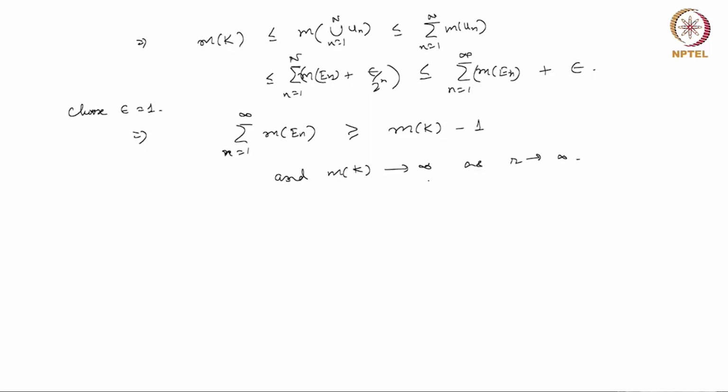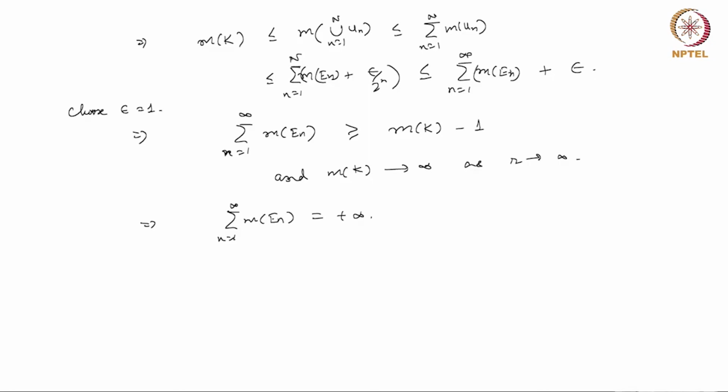So again we get that this sum is bounded below by a sequence of numbers which goes to infinity. So this again means that the sum n equal to 1 to infinity of m(En) is plus infinity.